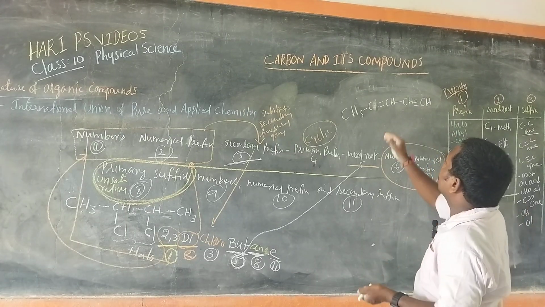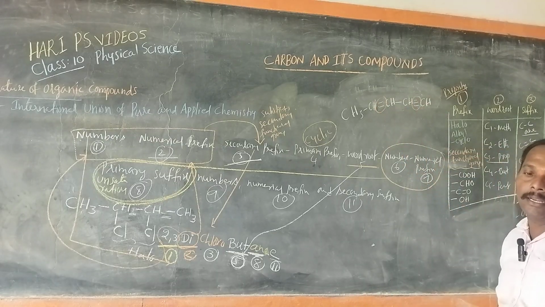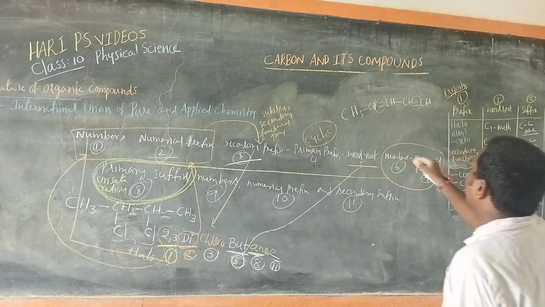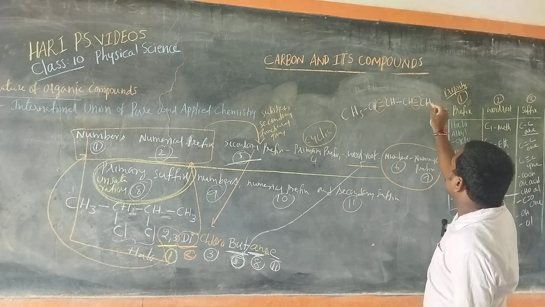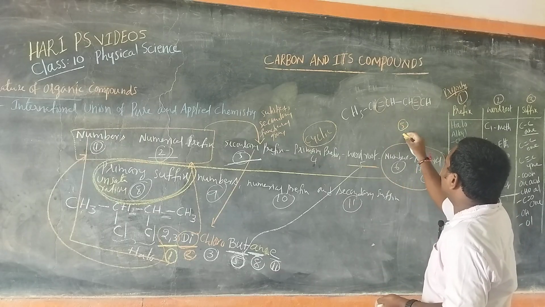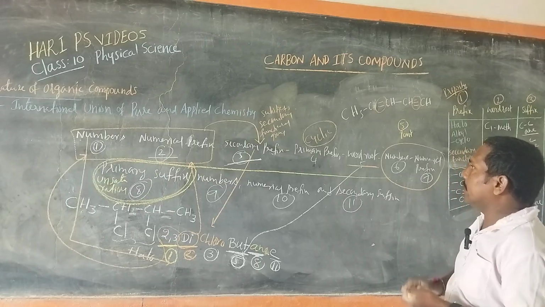Here is the unsaturation. How many carbons? 1, 2, 3, 4, 5. 5 is the word root, pent.